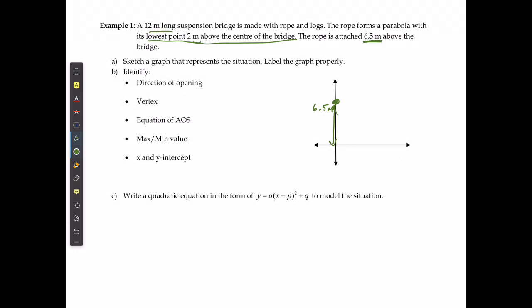It is 12 meters long. And it's going to have a lowest point that is 2 meters above the center of the bridge. It's going to look like a parabolic arch.